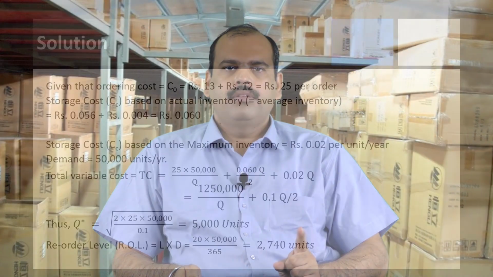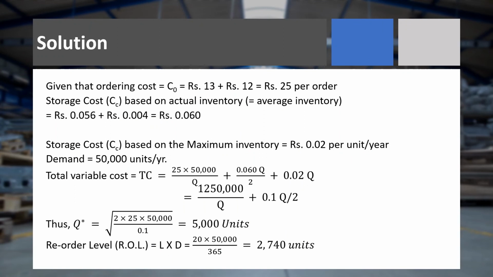Now, for the reorder level, you take the lead time and the annual demand: 20 multiplied by 50,000 upon 365, which comes out as 2,740 units. It means the reorder level is the inventory level at which you should place another order.